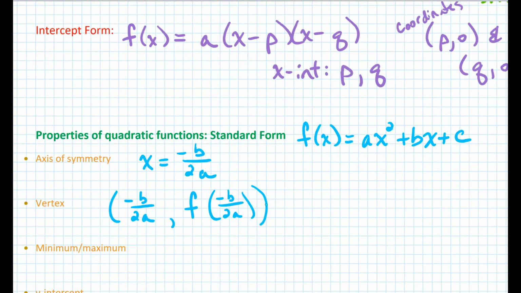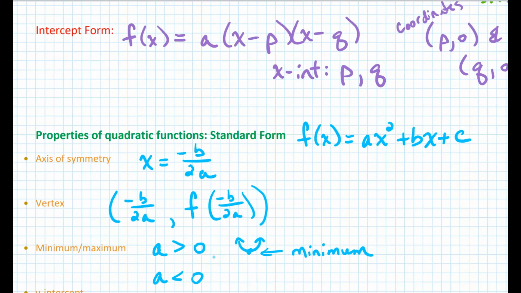Okay, now maximums and minimums depend on the direction that the parabola is opening, right? If a is positive, which way does it open? Opens upward. And if it opens upward, we have this value down here. It has to be a minimum. And in the other direction, if a is negative, what's that?